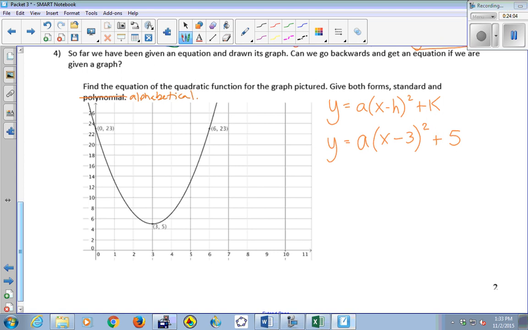Yeah. So let's see, if y is 23, don't know a, I'm going to replace the x with a 6. So I'm using this point here. And then I have 23 equals 6 minus 3 is 3, squared is 9. So this is 9a plus 5. Subtract 5 from both sides, I get 18 equals 9a, which means that a equals 2.